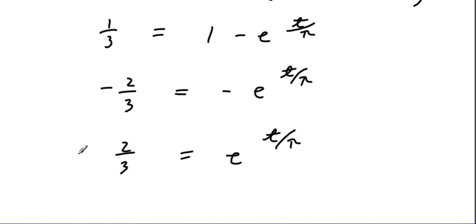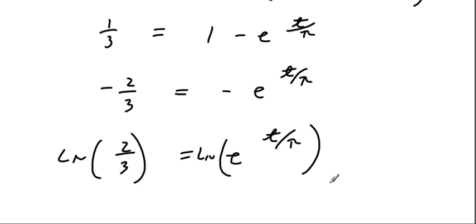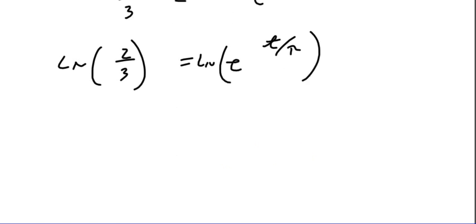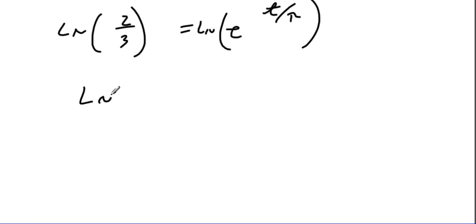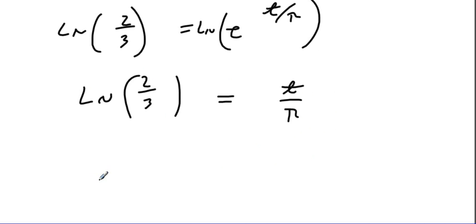I then take the natural log of both sides. I didn't want to do it when I had a negative number there, that's why I didn't do it earlier. And I have natural log of 2/3 is equal to T over tau. So the time it's going to take to get to the voltage is tau times natural log of 2 over 3.